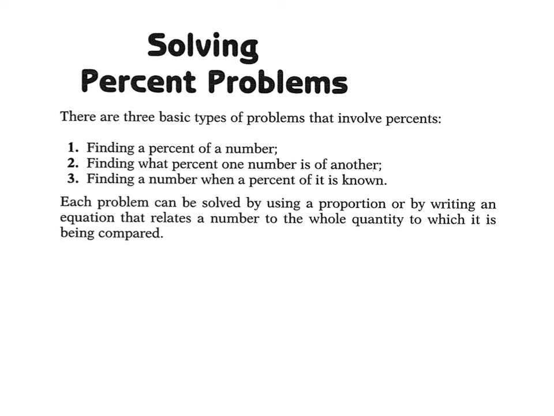Each problem can be solved by using a proportion or writing an equation that relates a number to the whole quantity to which it is being compared. What I like to use is is over of is equal to percent over 100. This to me is like a cheat. It pretty much helps me with whatever problem I am working on with these types of problems.